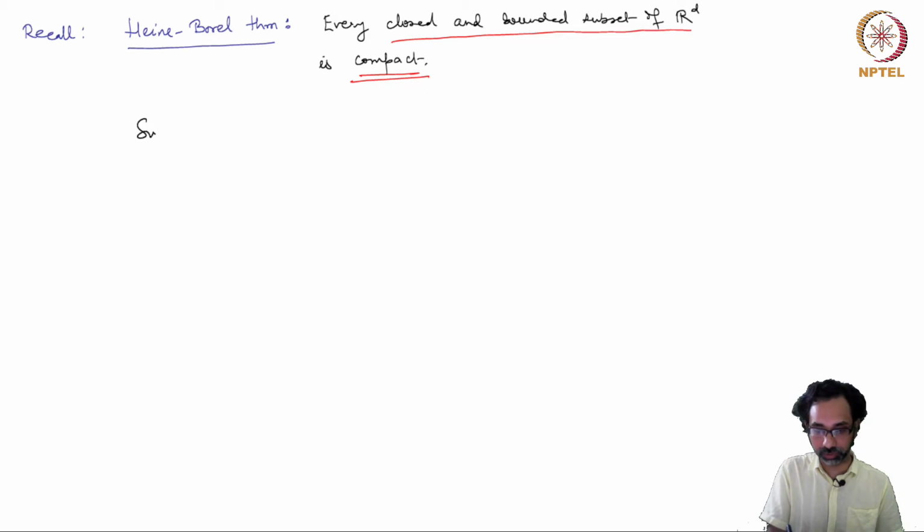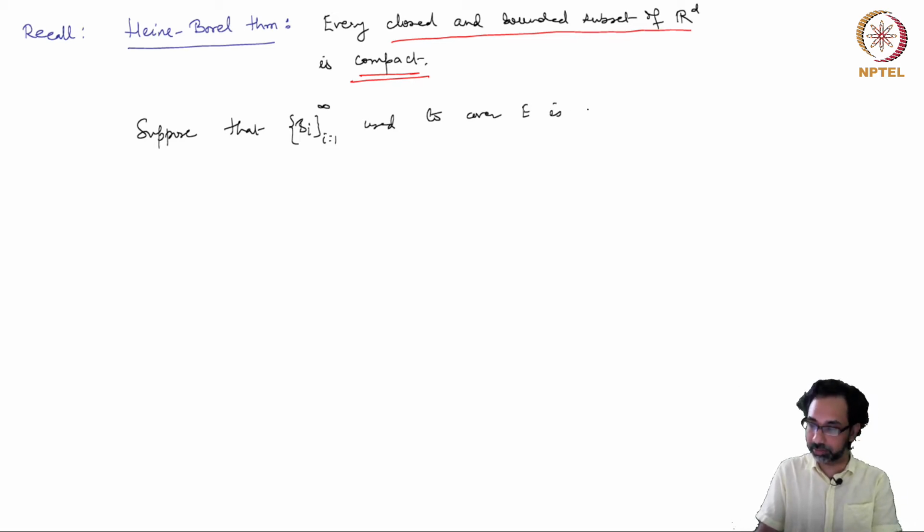So let's see first how we will apply this. Suppose that this covering that we used, B_i for i equal to 1 to infinity, used to cover E, consists of only open boxes.